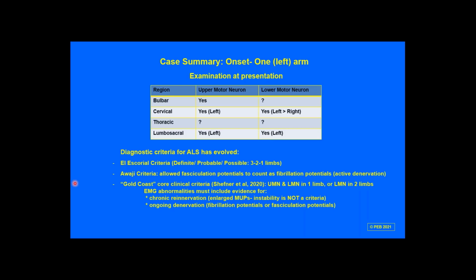And the Gold Coast criteria is more extensive than what I show here, but basically the important thing was chronic reinnervation, meaning enlarged MUPs. Instability was not a criterion, and ongoing denervation using fibrillation or fasciculation potentials, and lower motor neuron signs in 2 limbs or upper and lower in 1. And the recent article by Dr.